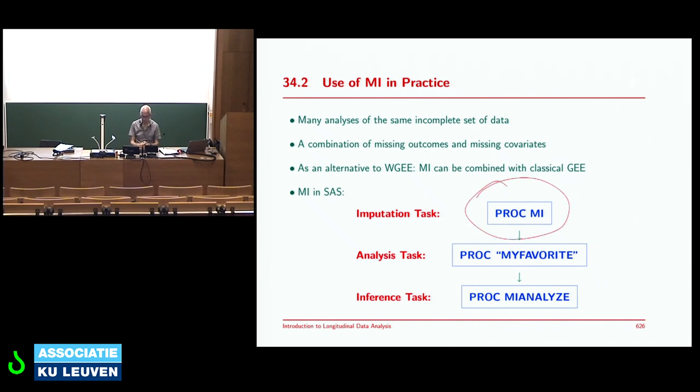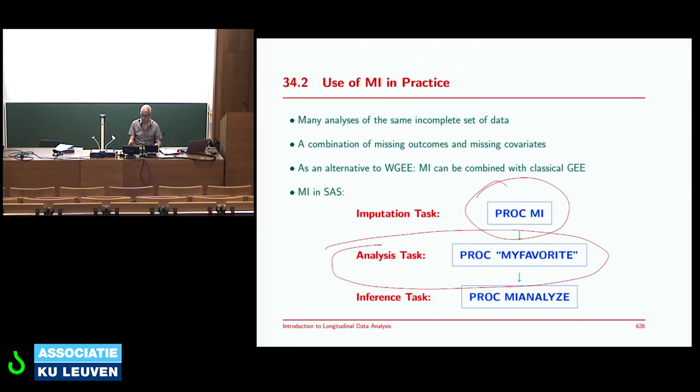PROC MI is designed for categorical data, for continuous data, for a combination of the two, to create imputations. Once that's done, you have your output data set, which is, for example, 10 copies of the input data set, but imputed. Then you run that through whatever analysis tool you want. Of course, PROC MYFAVORITE doesn't exist, I hope that's clear.